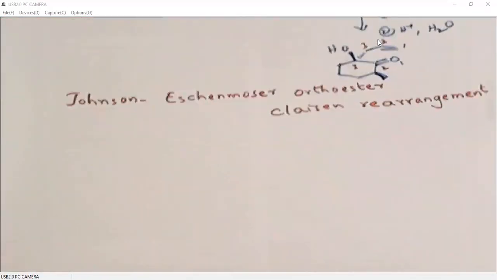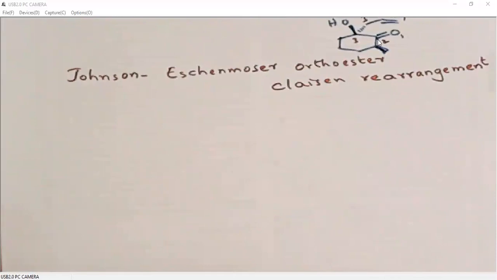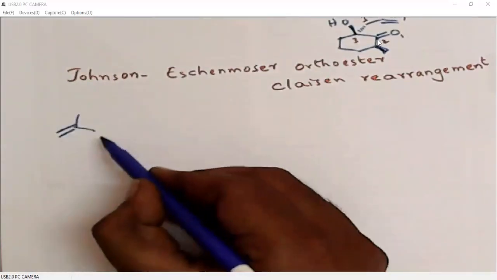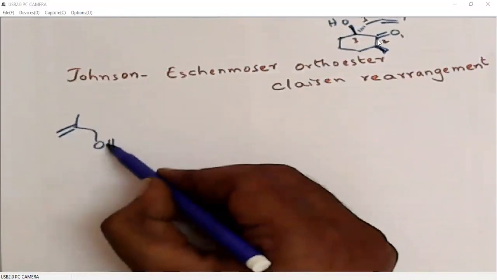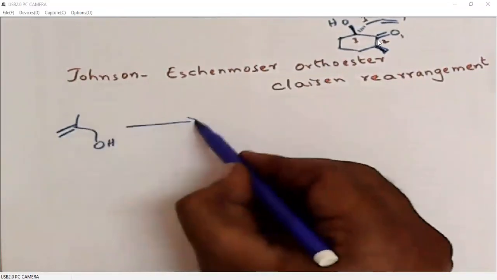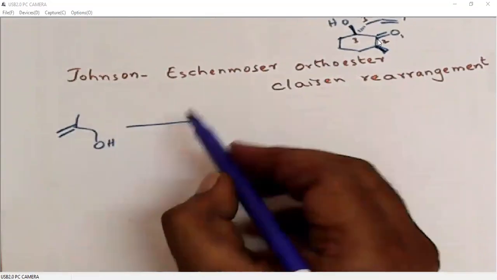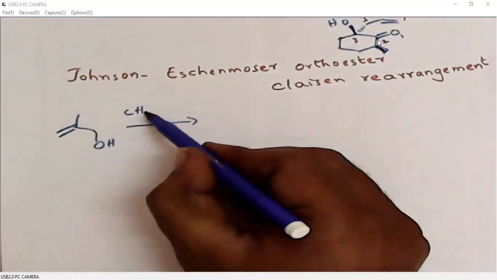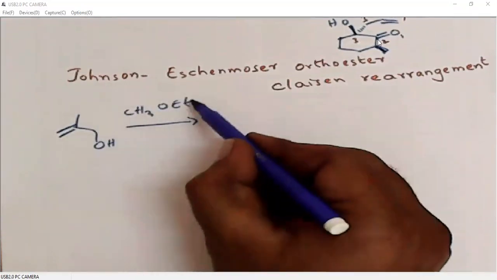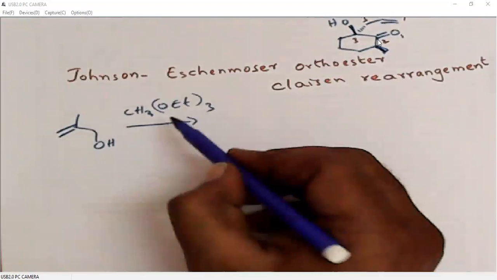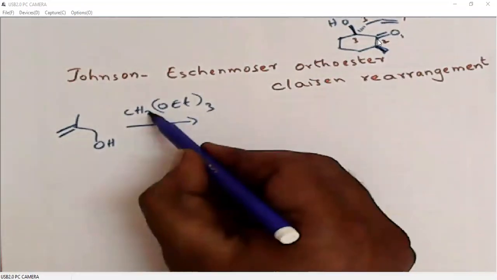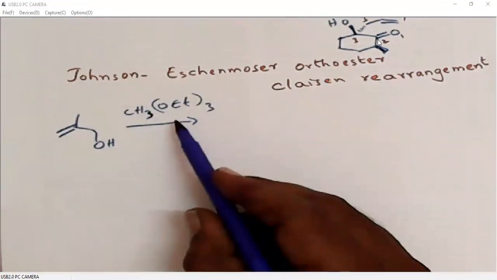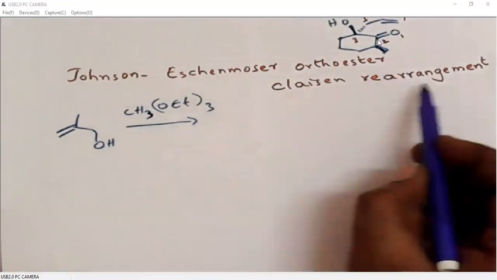It is obviously a Claisen rearrangement, but the Claisen rearrangement substrate is generated by treating allyl alcohol with orthoester. This is the orthoester. So the Claisen rearrangement substrate is generated using orthoester, so it is the orthoester Claisen rearrangement.